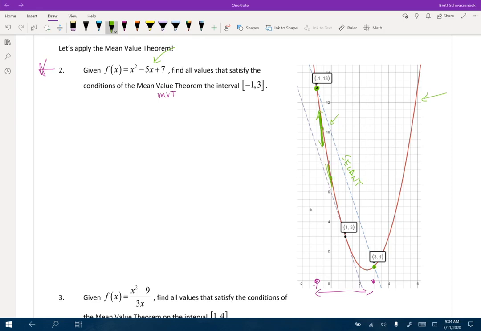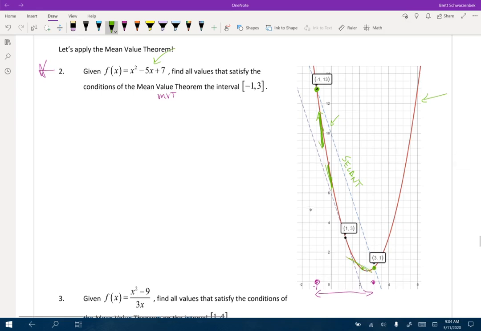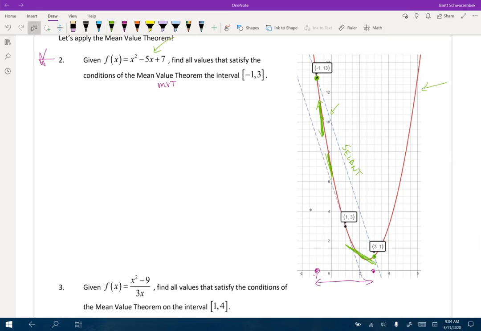Does that have the same slope? It's getting close, but no. What's another point? I could go way down here and draw a tangent line between -1 and 3. Is that parallel to the secant, or does it have the same slope? No. So what I'm looking for is that exact tangent line that is parallel to this line.